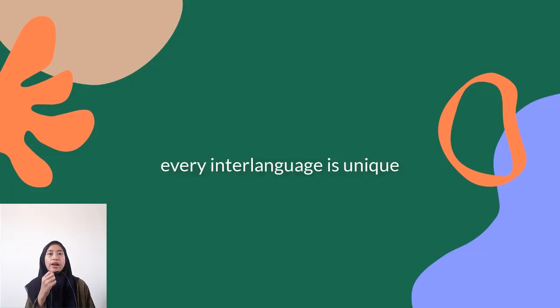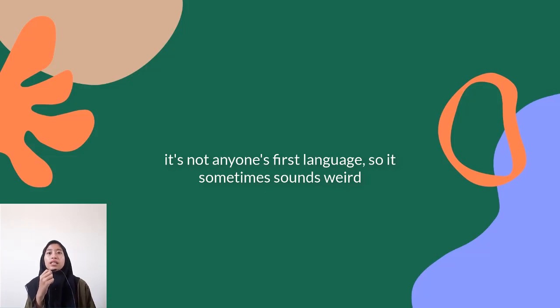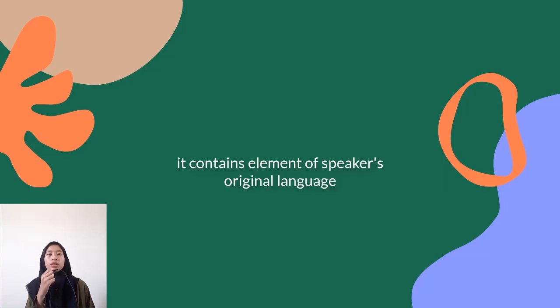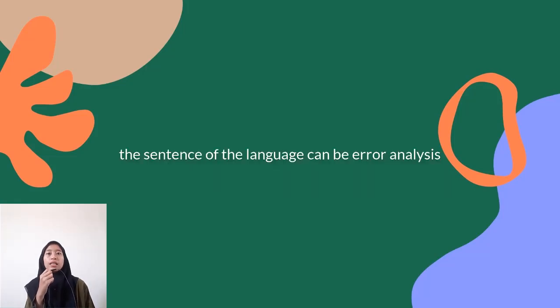And the second, every interlanguage is unique. And the third, it is not anyone's first language, so it sometimes sounds weird. And the fourth, it contains elements of the speaker's original language. And fifth, the sentences of the language can be used for error analysis.